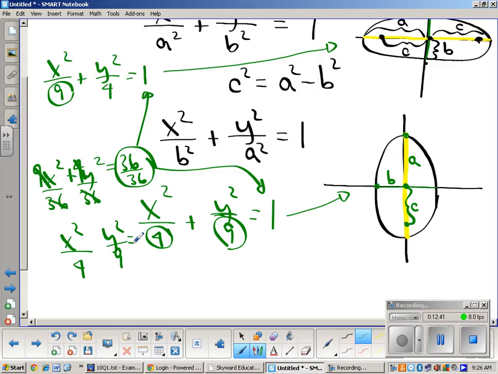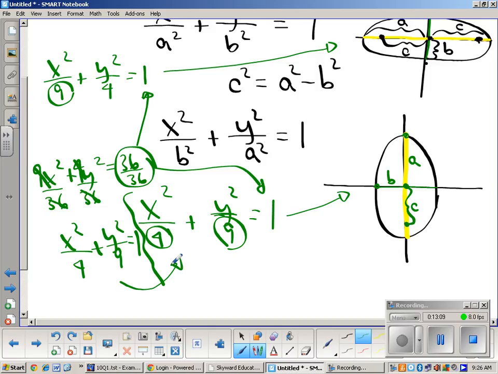And 36 over 36 is 1, so I got this model right here. So whatever numbers are in front of the x and the y, they're probably going to multiply together to give me that number out front. They don't always have to, but they probably are.